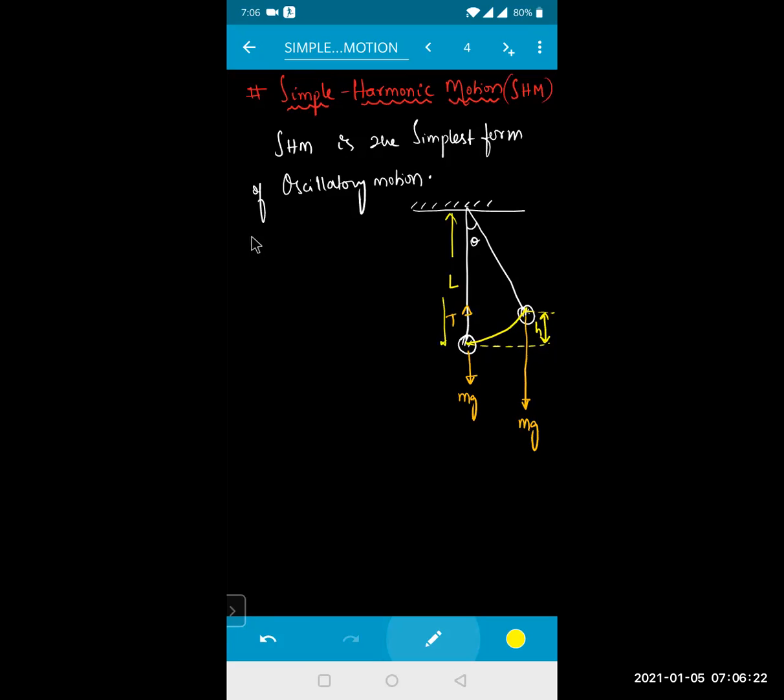Now what will be H? I told you already in the work-energy part. If I need to calculate H, from here to here also this is L. Now if I resolve this L, this is L cos theta and this is L sin theta.